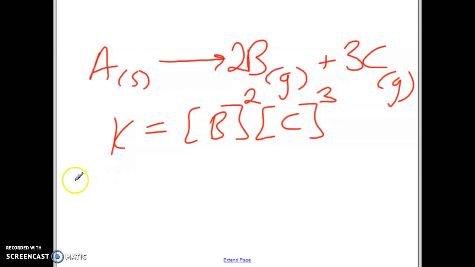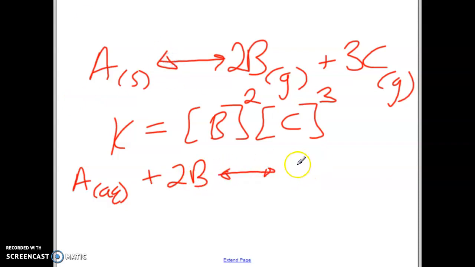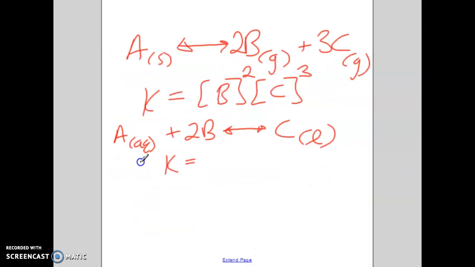Vice versa, what if we had only a solid product or a liquid product? Let's say C liquid. My K expression would have nothing on top, because my products go in the numerator and my product is not a concentration value.